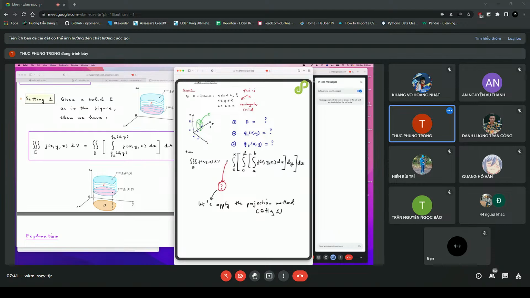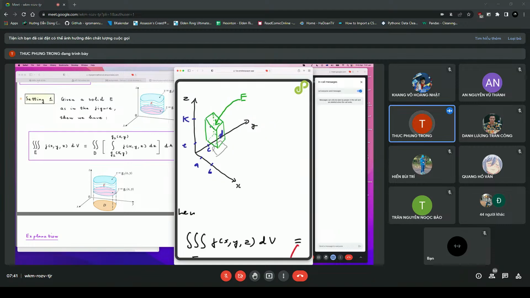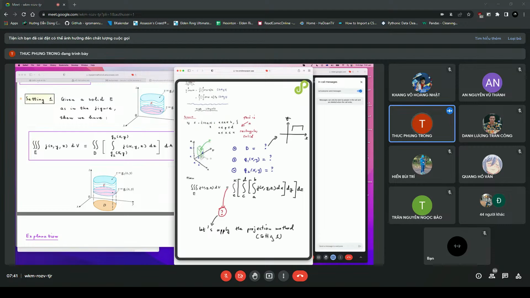Maybe I just put it in 3 dimensions first. You would see we get the projection right here. This is exactly D. And if you draw it in 2 dimensions, this is what we have: x, y, and we get some rectangle, let's say a, b, c, d. All right, so done for D.